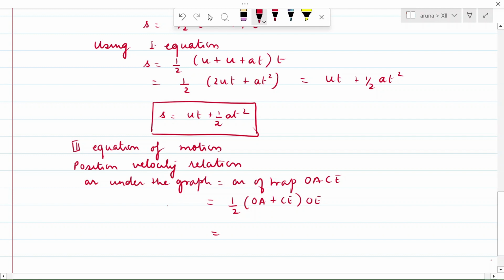Area under the graph once again s. So s is equal to, see, I am repeating the same steps. It will be easy for you to memorize, half u plus v into t.